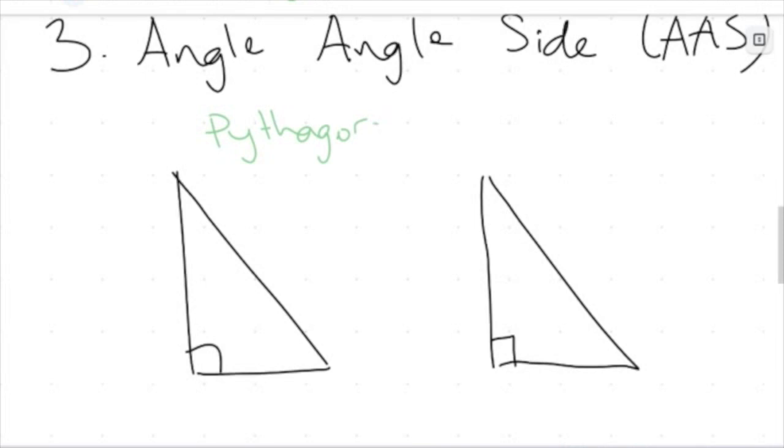Pythagoras' theorem tells us certain things about right angle triangles. It tells us that we can find any side if given two. So, if I have a right angle in each, I know they're right angle triangles. I know I can use Pythagoras' theorem.